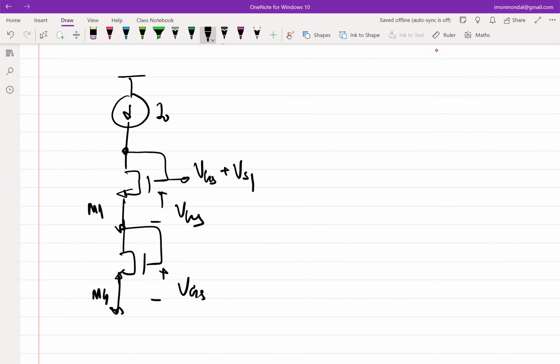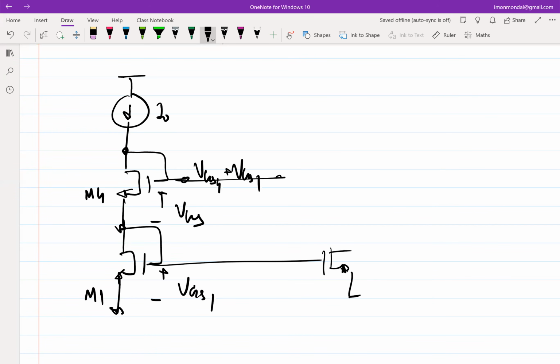let me rename the transistors. We call this M4. Okay, so this is VGS1, VGS of 1, the other becomes VGS of 4 plus VGS of 1. Okay, and you had this structure anyhow there.